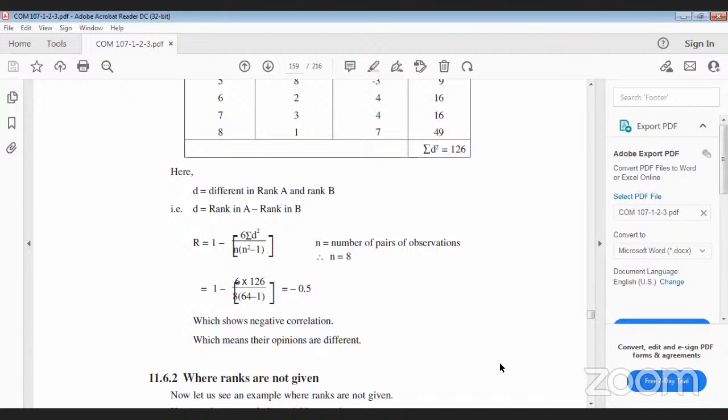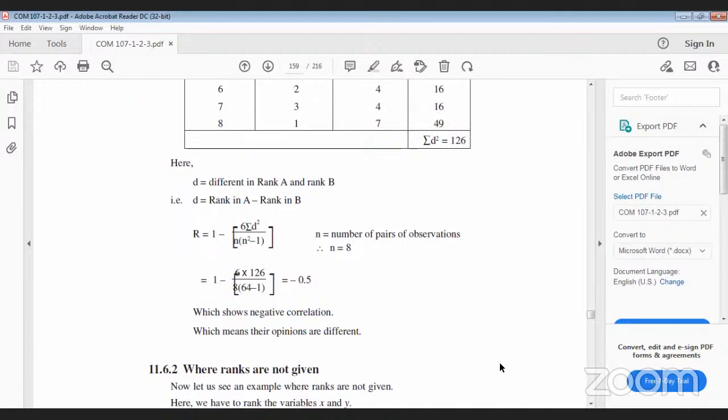Multiplication of 6 into 126 is equal to 756, upon 8 into 63, which is 504, and 1 minus 756 upon 504, that is 1 minus 1.5. That means the answer will be minus 0.5, which shows it is a negative correlation.